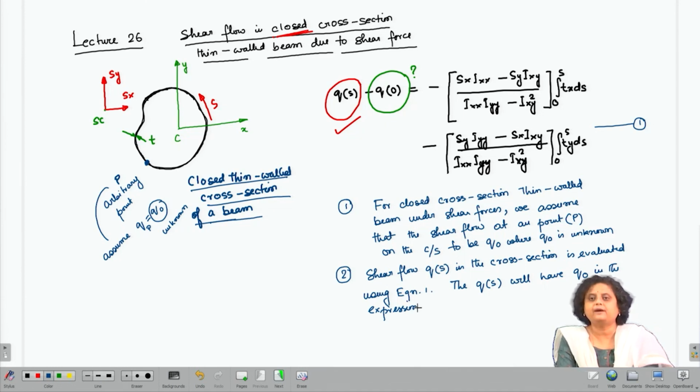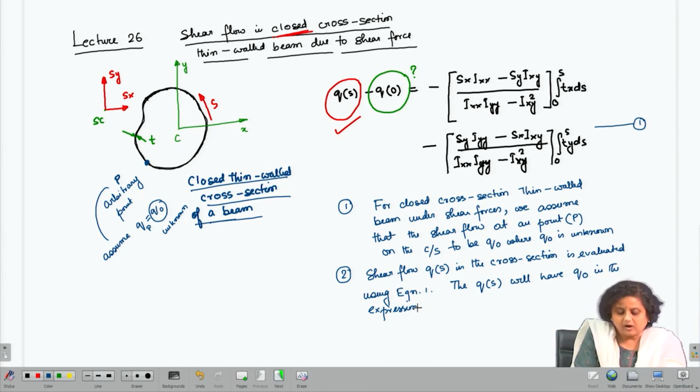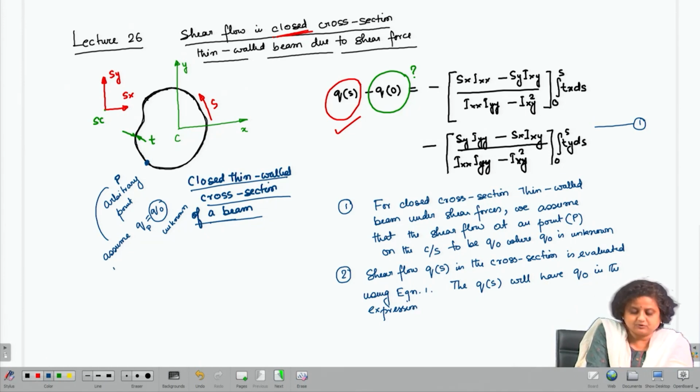The next step, or the step 2, is to find out Qs in the cross section using equation 1, but this evaluated Qs will have Q0 in the expression, which will be unknown. Now, the third step comes into picture.